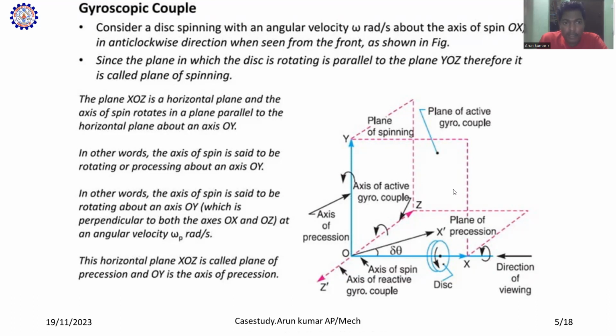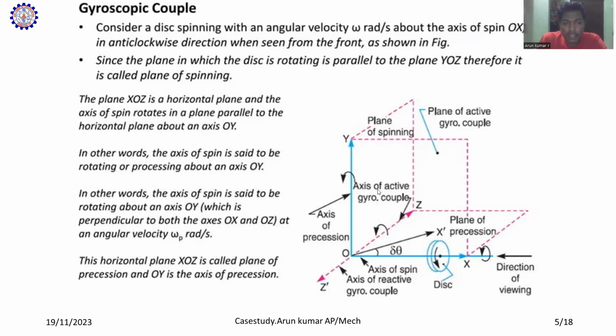So here the plane XOZ is a horizontal plane and the axis of spin rotates in a plane parallel to the horizontal plane about an axis OY. In other words, the axis of spin is said to be rotating or precessing about an axis OY.